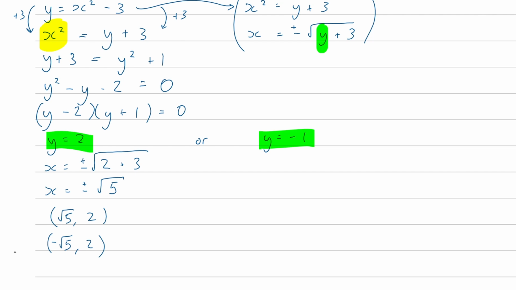Similarly with when y equals negative 1, x would equal plus or minus square root of negative 1 plus 3, which is plus or minus the square root of 2. So the points would be at positive root 2, negative 1, and negative root 2, negative 1.